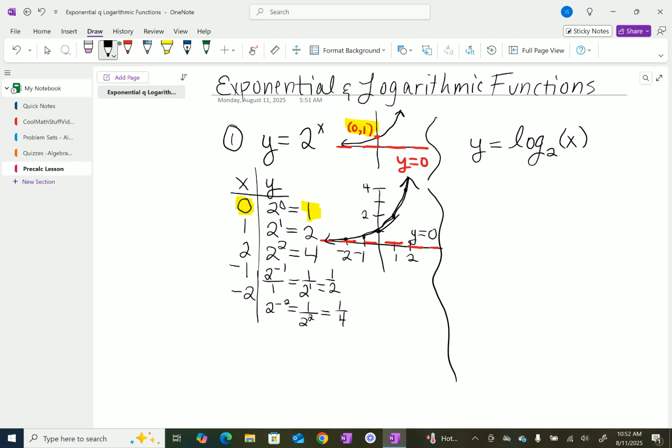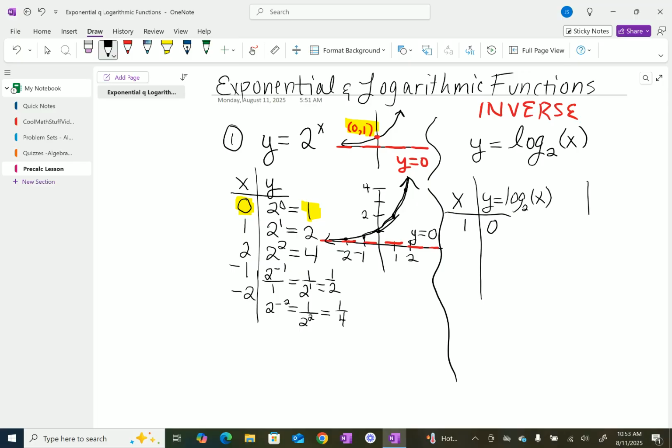Now for the logarithm, it's super easy if you have the exponential. So we have y equals log base 2 of x. And then we're going to just simply switch our x's and y's because we remember that it is the inverse. And so I get, instead of 0, 1, I get 1, 0.